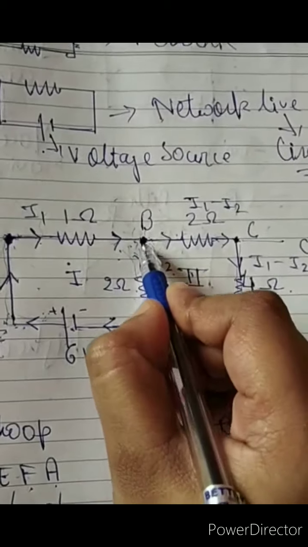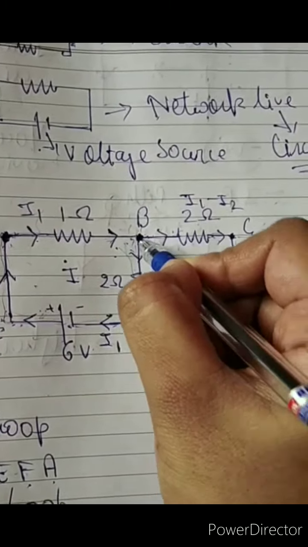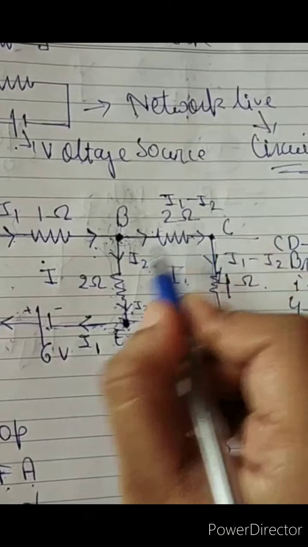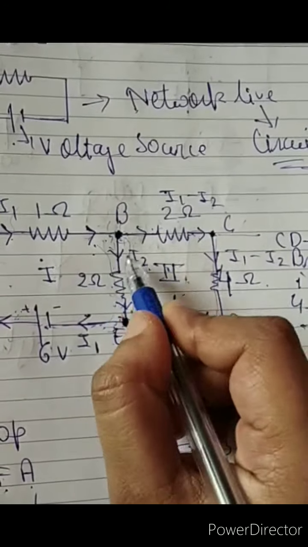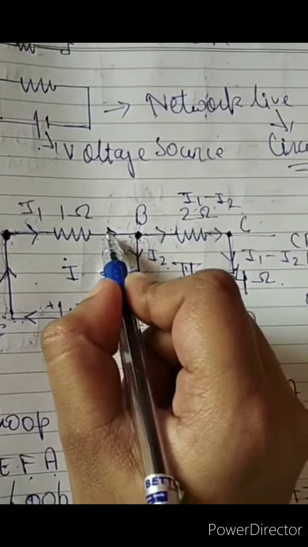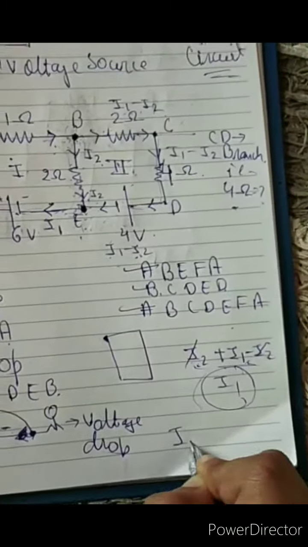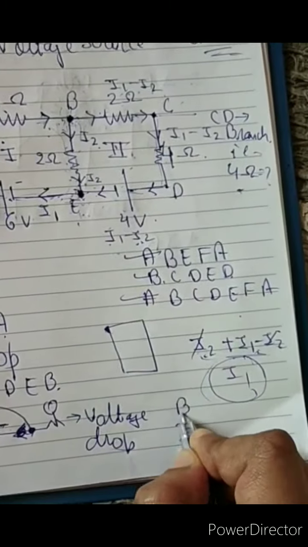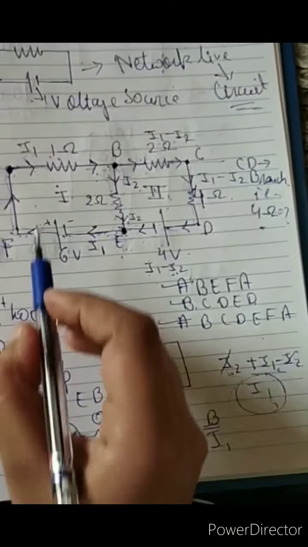If you are at the point B, if you are standing over at P, you will see I1 minus I2 and this branch I2, these currents are going out and the coming current is I1. So what is happening at junction B?